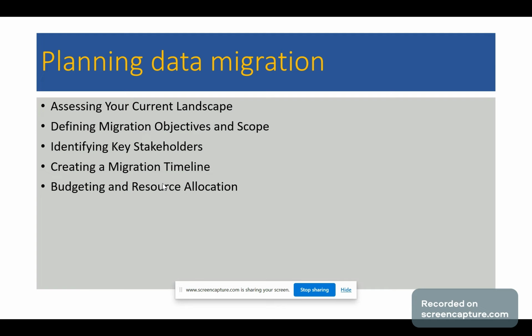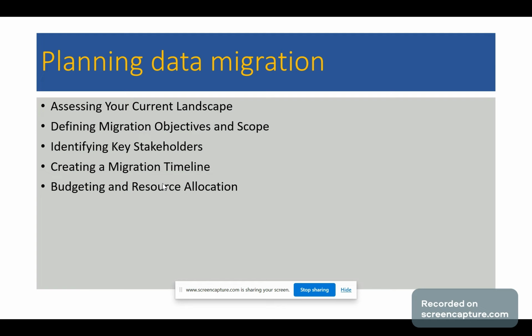And we should allocate some buffer budget also for unforeseen scenarios, because every time the plan might deviate at some point of time. We might expect some unexpected things. To handle those, we should have some budget allocated also.